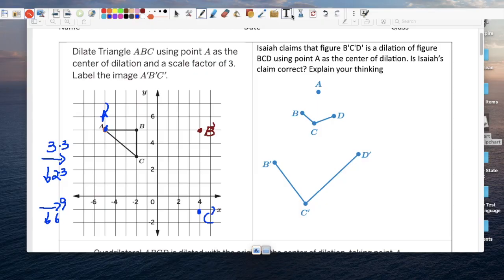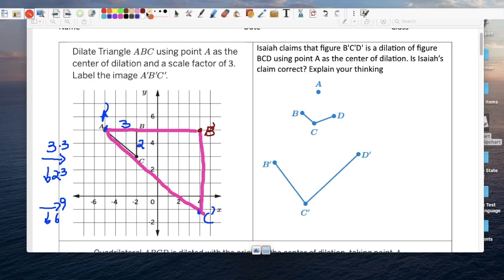Okay. Now, if you want to, or get a different color, we're going to connect that, and connect that. Now, what you also can notice that in the original triangle, this was 2 units, this was 3, right?